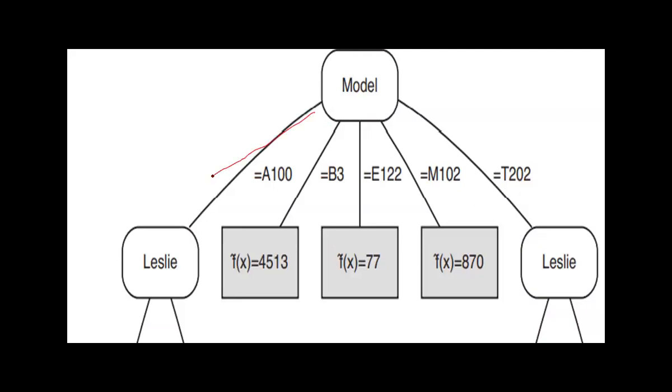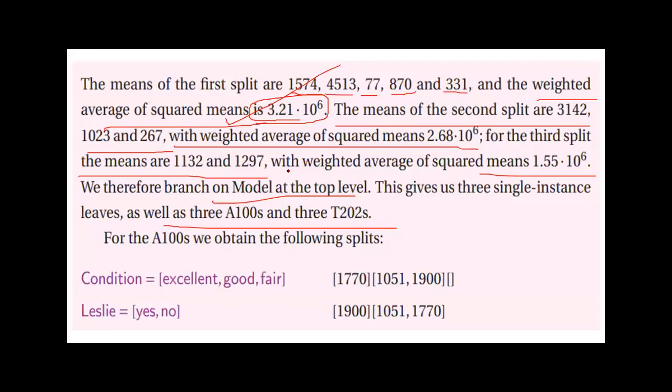So this is A100, and this is B3, final, because there are no branches for this. When we come to A100 and T202, we have to check what we can do. Now for A100s we obtain the following splits. Condition is excellent, and the other feature has two values. Again, you have to calculate in the same way.